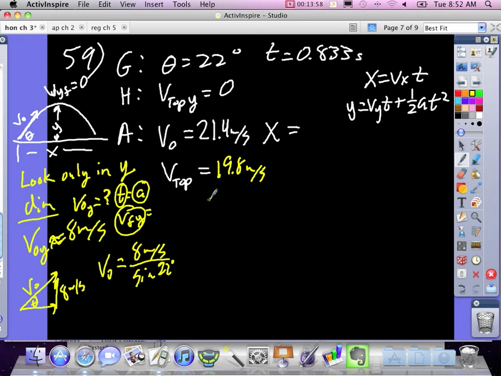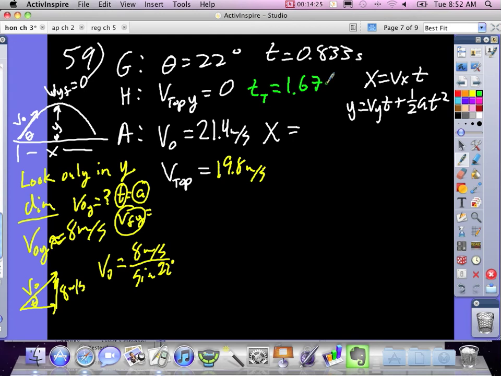We know that the time it took to get to the top was 0.833 seconds, correct? What goes up must come down. So guess what the total time in the air is? Yeah, 1.67, right?